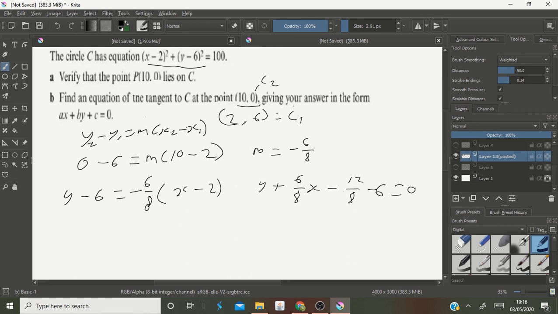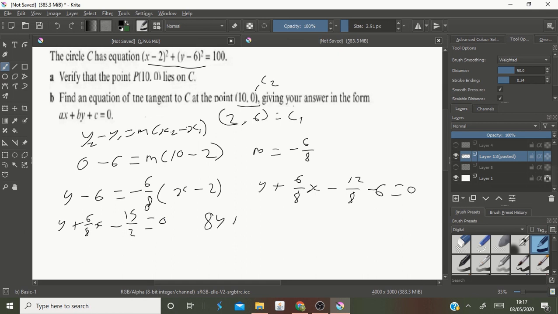Now we can simplify this again by saying y plus 6 over 8 x. We add these two, minus 12 over 8 minus 6 is the same as minus 15 over 2, equals 0. Now to get rid of these pesky fractions, we can multiply everything by 8.